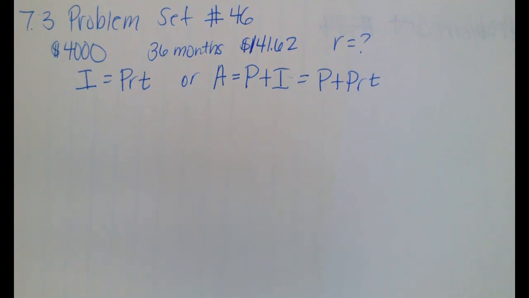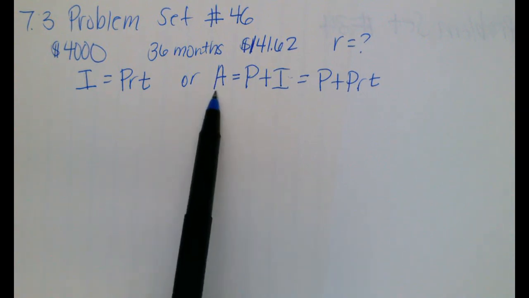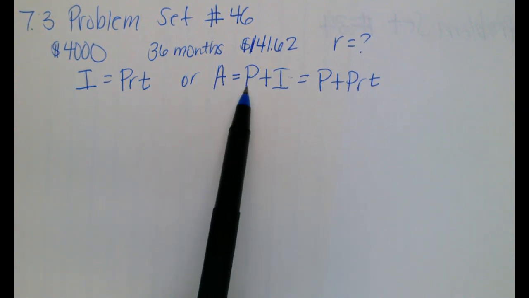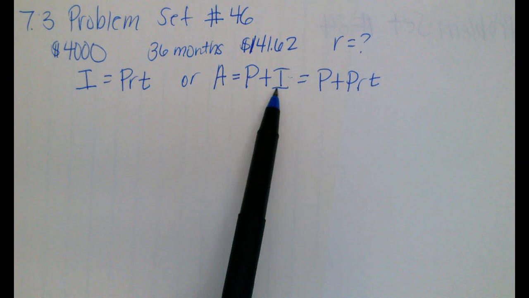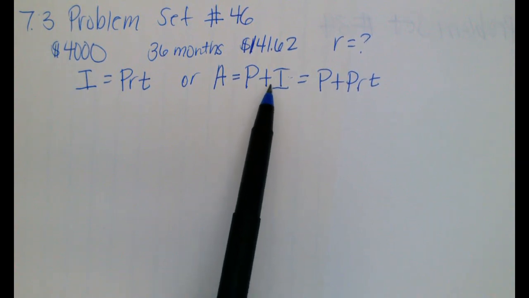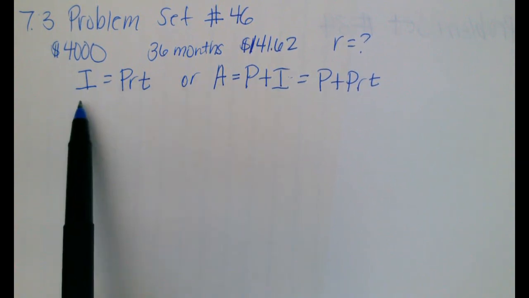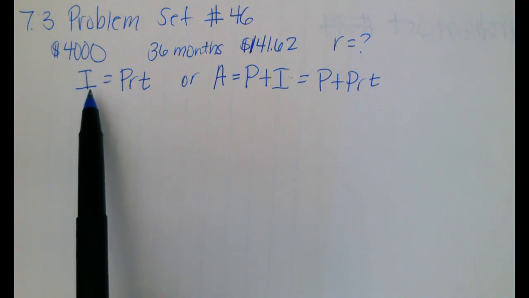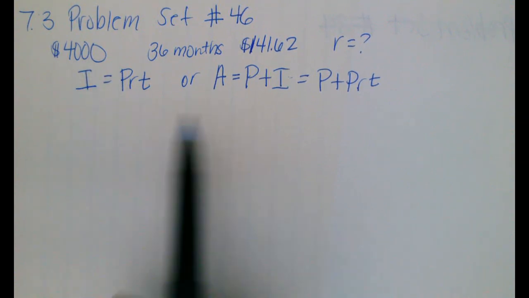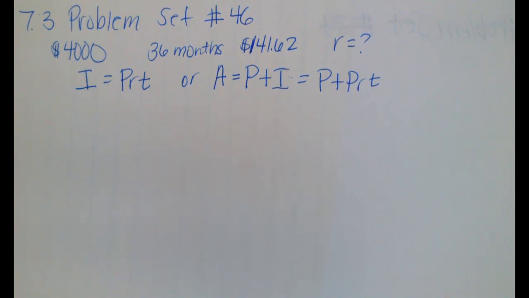So A is all together in the end: the principal, what you financed, plus what you paid in fees or what they paid you in fees. And interest is just how much over did they pay, not all together.